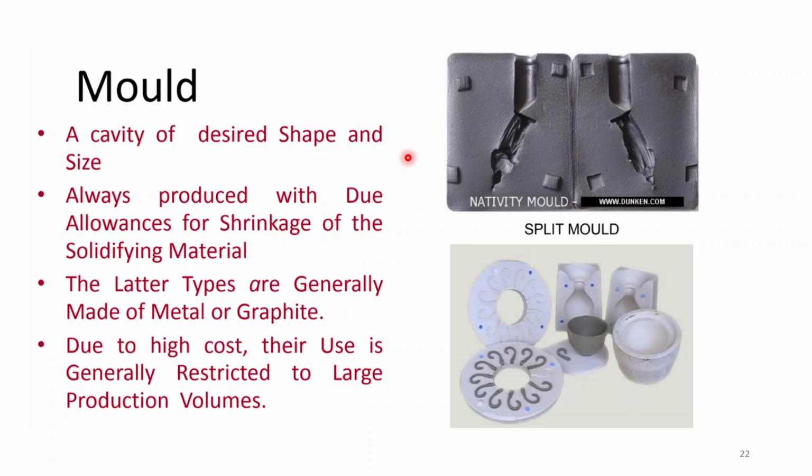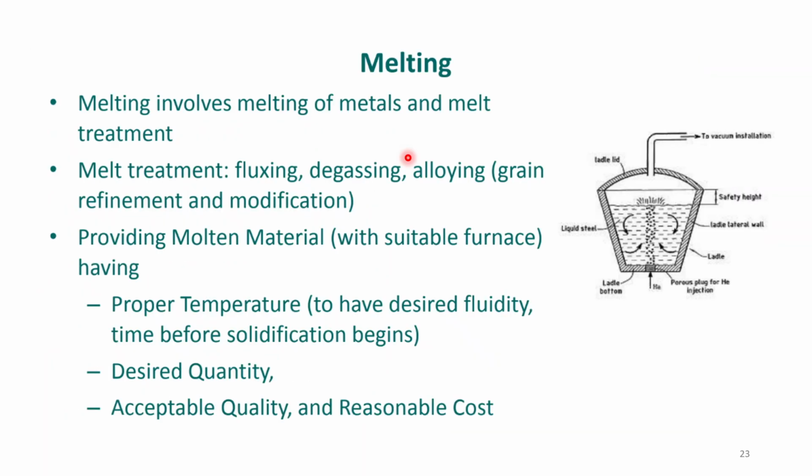Next is melting. So melting involves melting of metals and polymers, and then after that there is some melt treatment. Okay, so after melting you can have presence of some oxides. So for that you need to provide some fluxing and degassing, alloying. These are other aspects.